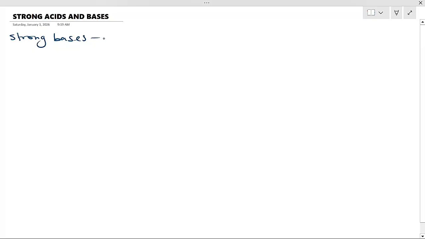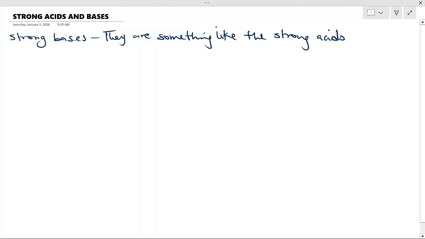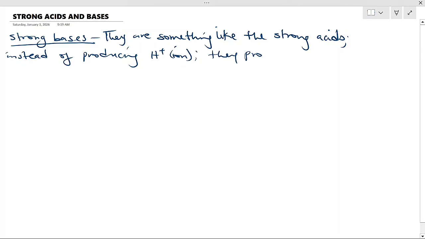Strong bases are something like the strong acids, but instead of producing the proton, which is your hydrogen ion, they produce the hydroxide ions.